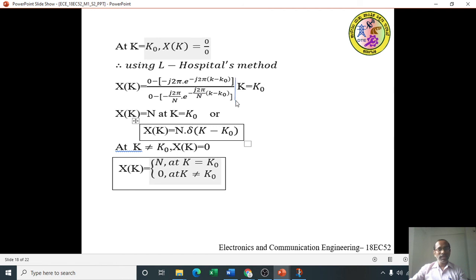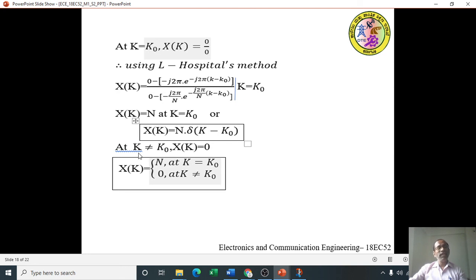Similarly for the denominator. Now evaluate at k is equal to k naught. When you put k is equal to k naught, this becomes e power 0, that is 1, no problem. Minus j 2 pi gets cancelled. Only n you get, exactly n at k is equal to k naught, so X of k has an answer of capital N into delta of k minus k naught.